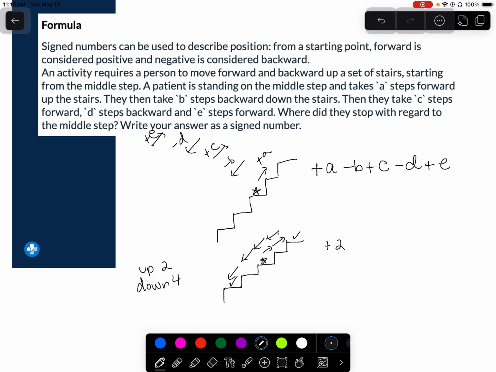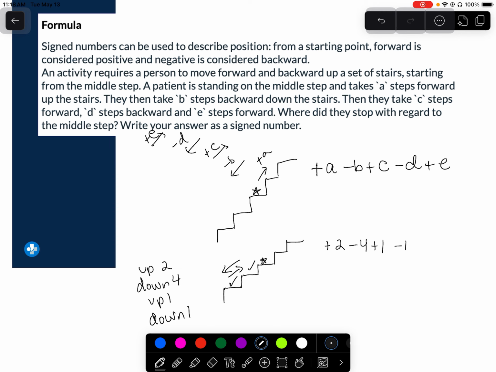So now we're here. And then let's say we went up 1. So let's erase some of this so we don't get too confused here. So we went up 1, so now we're right there. And now let's say we went back down 1. So now we're back to here.